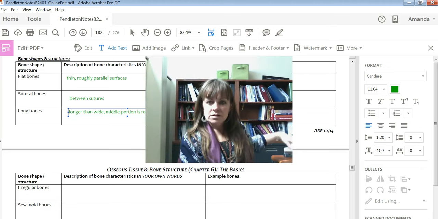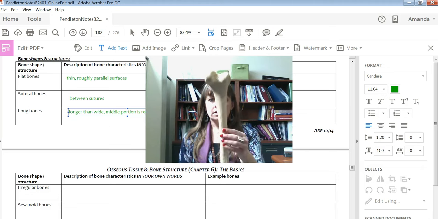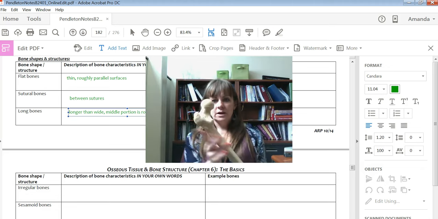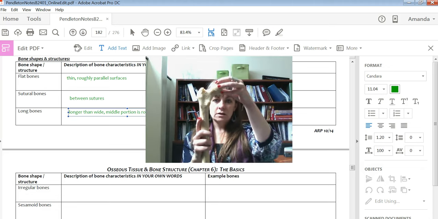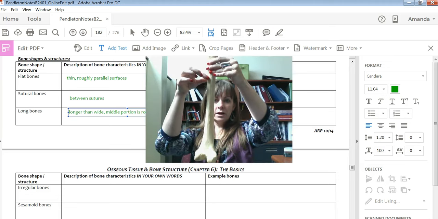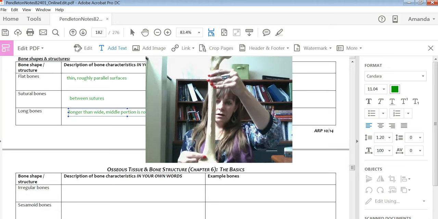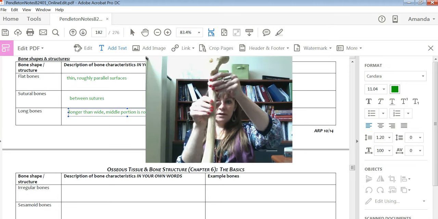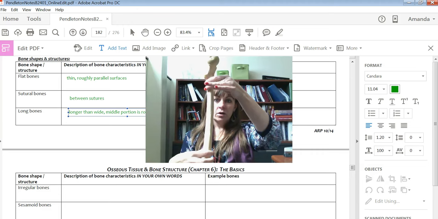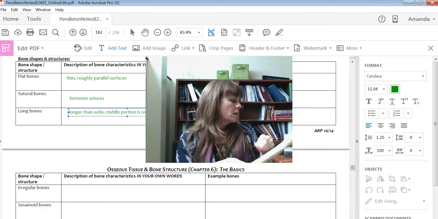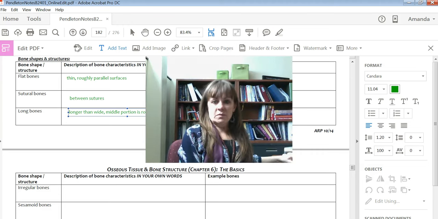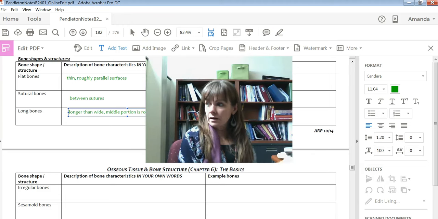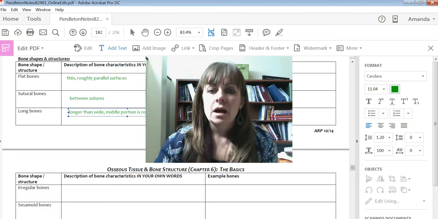Here's another bone. This is your femur. Look at the ends on this. They're really uniquely shaped. But if we look at it overall, it's longer than it is wide, and this middle portion is shaped like a cylinder going down. Those are just two examples of long bones.